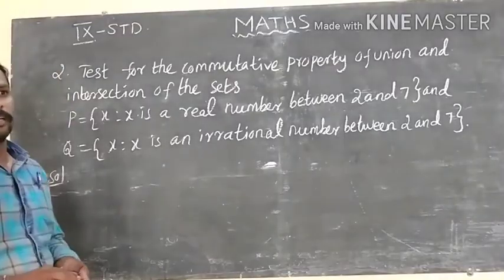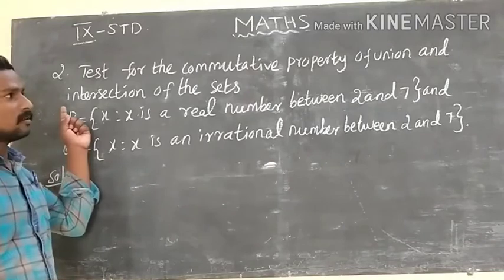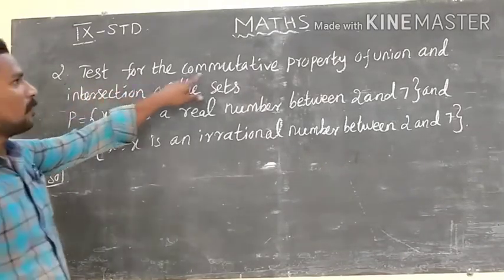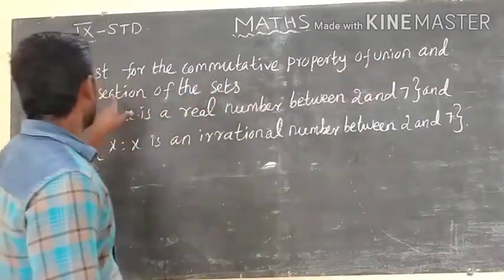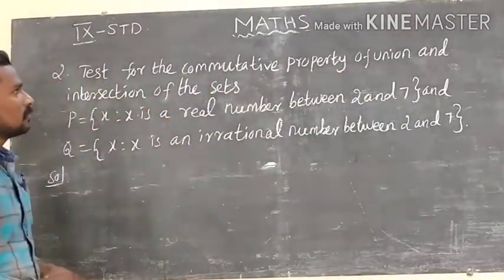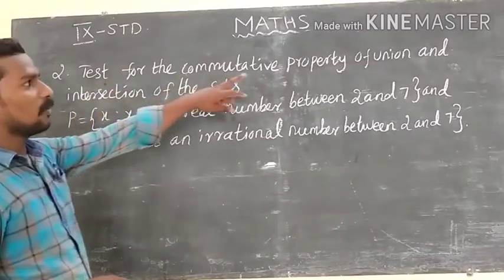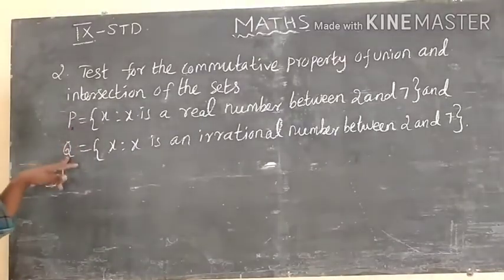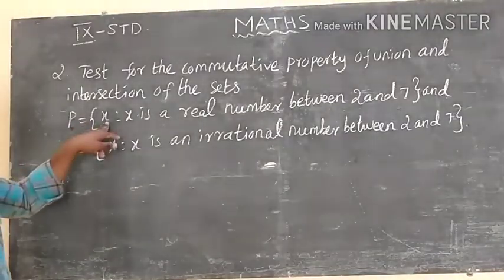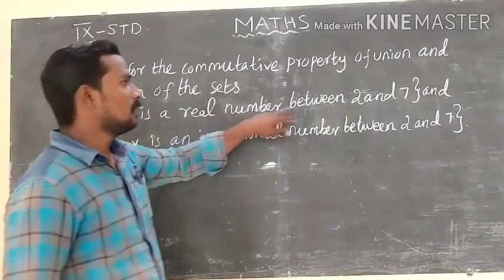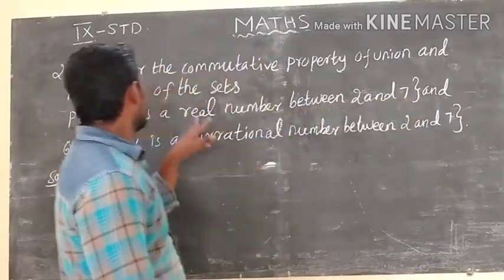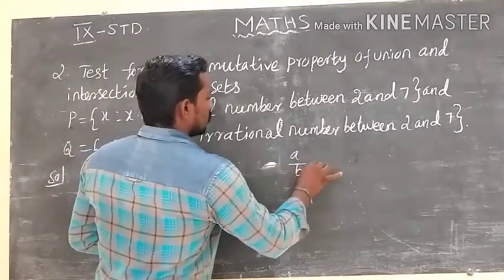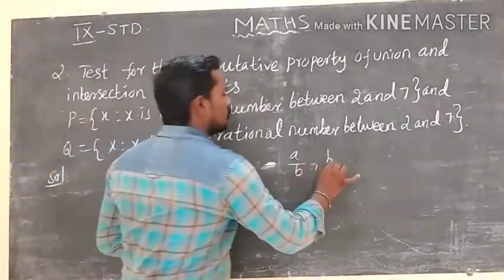Okay, dear students, in this section the second question was missed, so now I will explain. The second question is to test the commutative property of union and intersection of sets. The given two sets are P and Q. P is the set of all x such that x is a real number between 2 and 7, the rational numbers in the form of a by b, where b is not equal to 0.